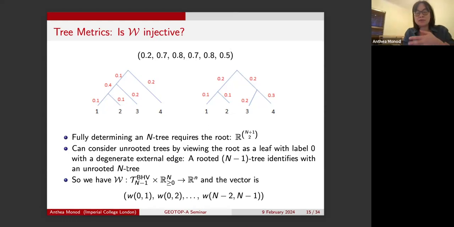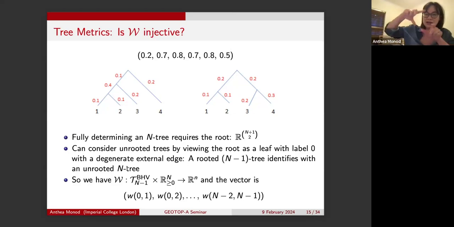Something I want to mention is that even though you need to consider the root here, it's not too restrictive, because you can identify a rooted tree with an unrooted tree by looking at the root as a leaf with label 0 and a degenerate external edge.